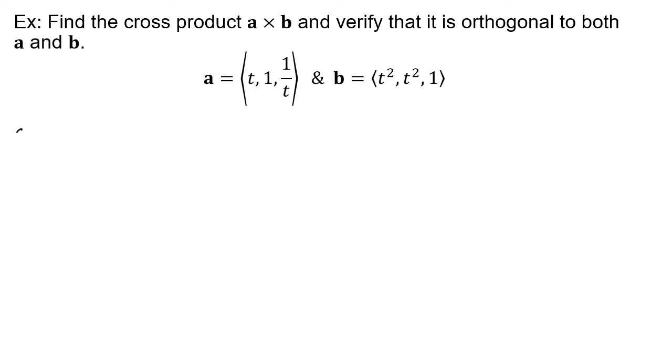So if I did the cross product for these two vectors, I would have an i, a j, and a k. I would have a t, 1, and a 1 over t, and then I'd have a t squared, and a 1.